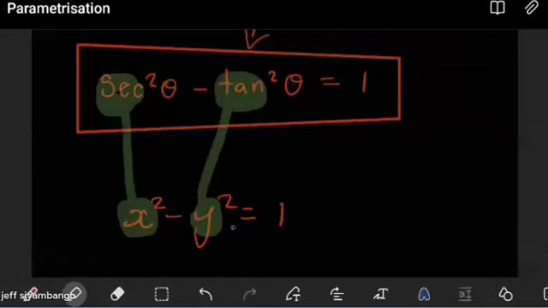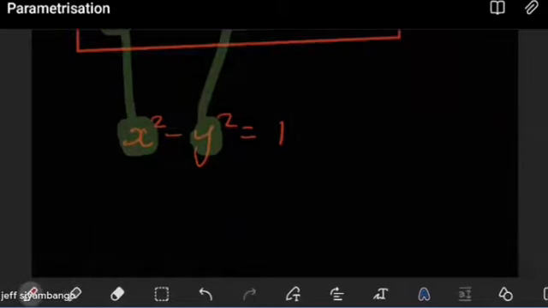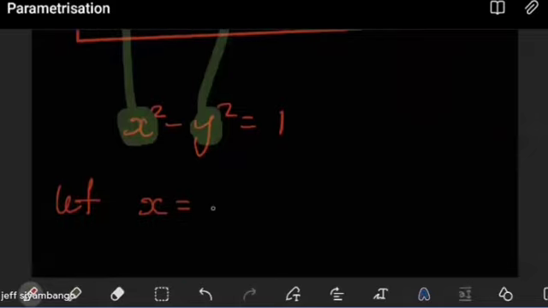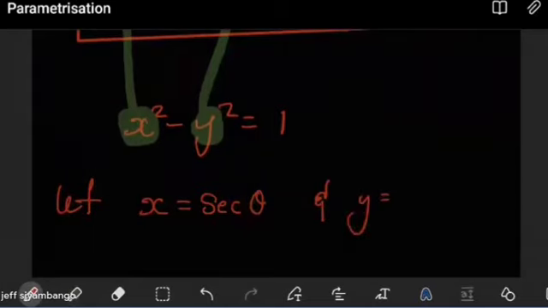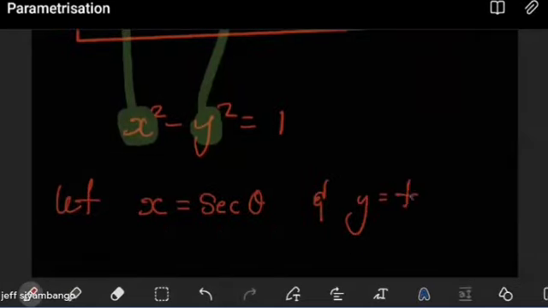Notice that if we did that, then this would be satisfied. So we then conclude that we'll let x be equal to sec theta and y be equal to tan theta. If we did that, then this is going to be satisfied.